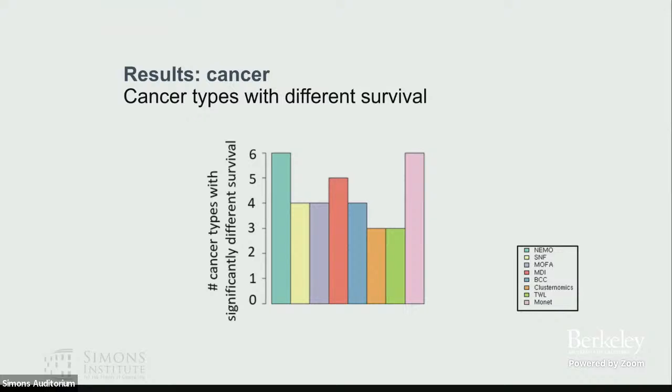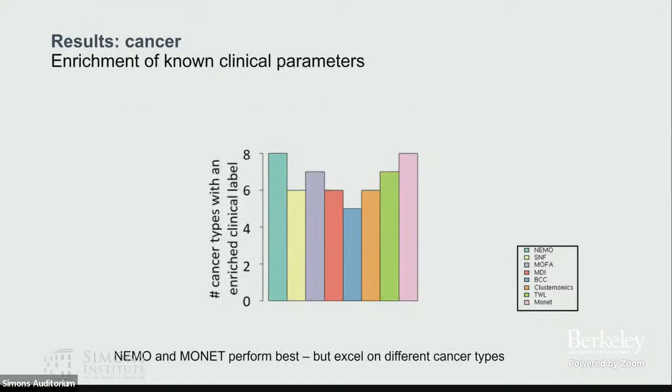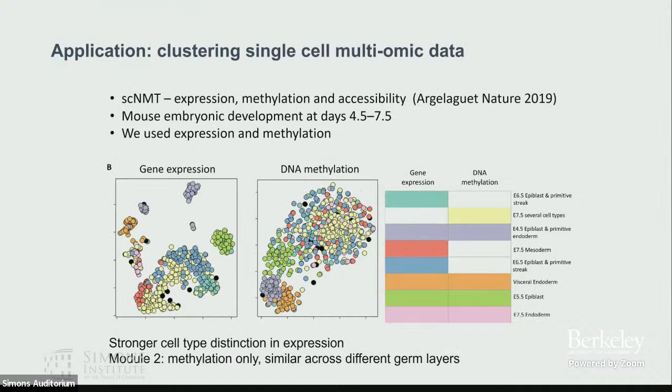When we look at survival, we see that our new method, Monet, performed equally well to Nemo. And when we look at the enrichment in clinical parameters, it is the same: both Nemo and Monet are doing best. But interestingly, they are not doing best on the same set of cancers. So there is an advantage of using both.